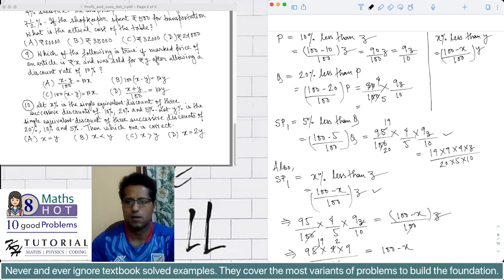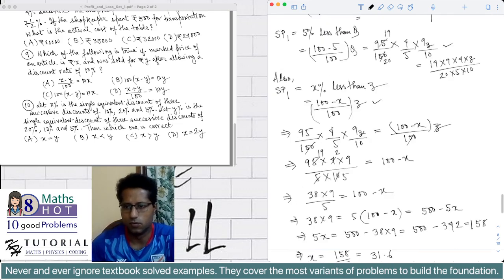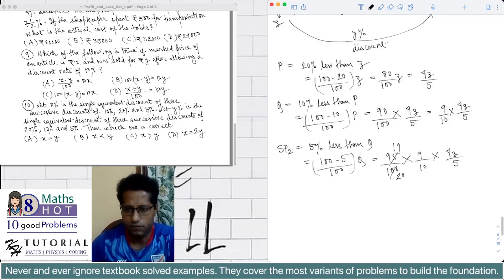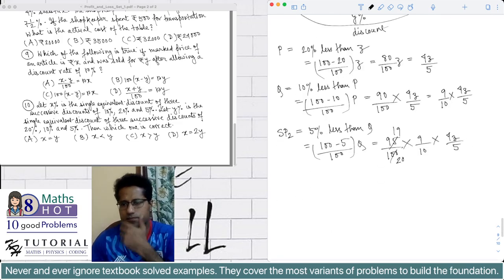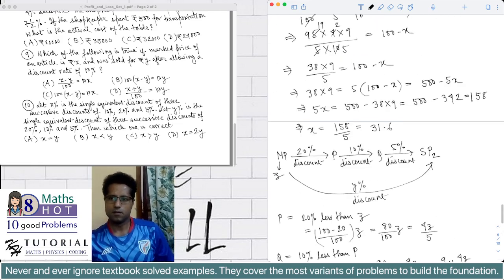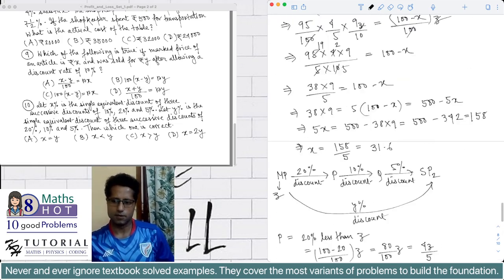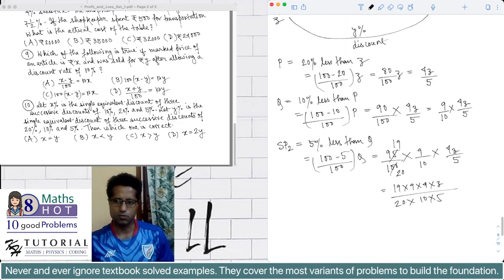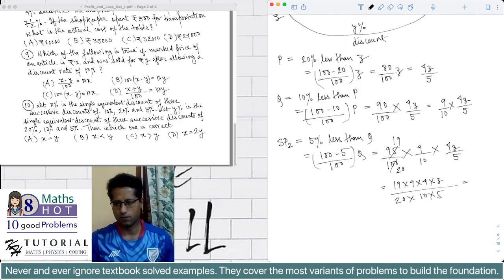Whatever this is equal to SP2. We can clearly see that SP2 is again 19 multiplied by 9 multiplied by 4 multiplied by Z divided by 20 multiplied by 10 multiplied by 5. Yes, this is same. SP2 is coming equal to SP1.